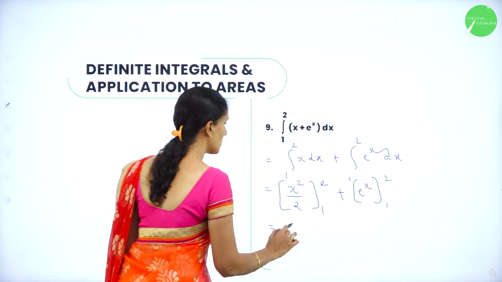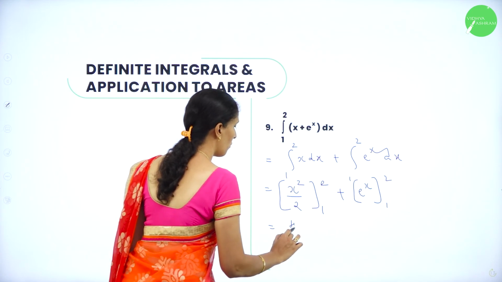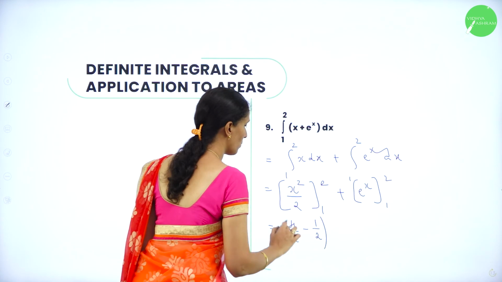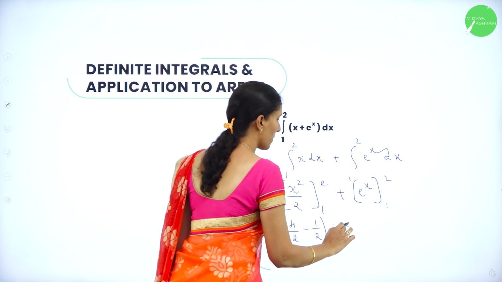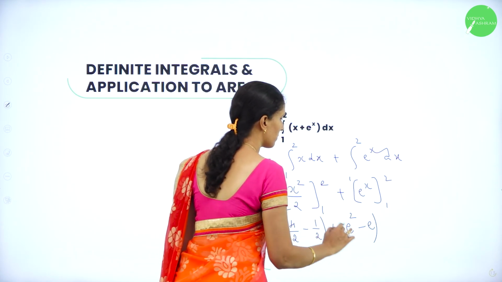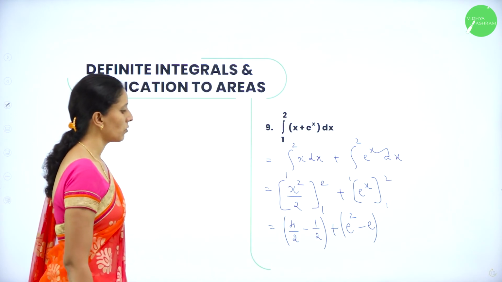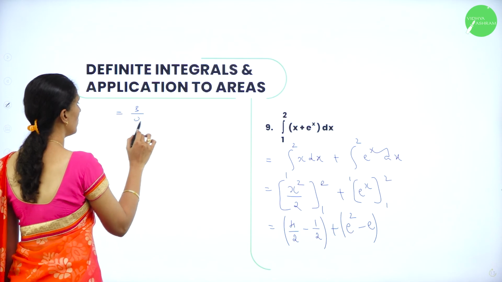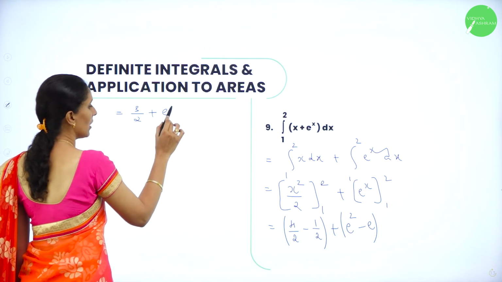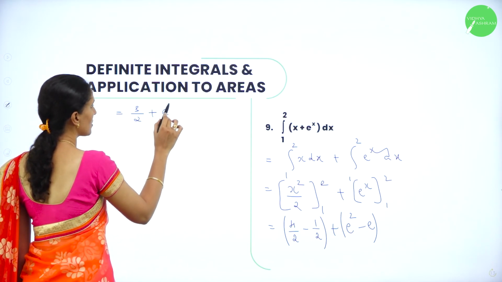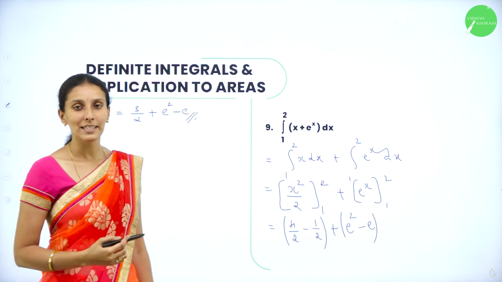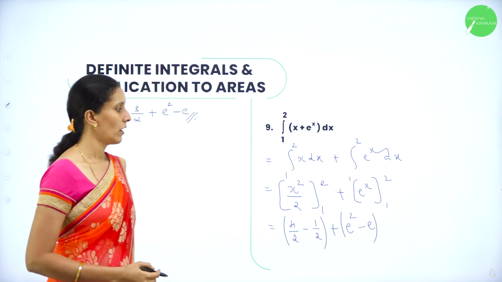So here it becomes 2 square, that is 4 divided by 2, minus 1 square, 1 divided by 2. And here e square minus e. So 4 by 2 minus 1 by 2 is 3 by 2, plus e square minus e. You can take e as a common factor and write it as e into e minus 1 also.